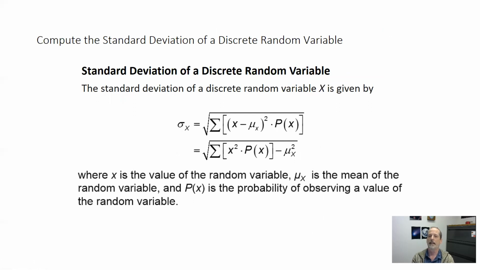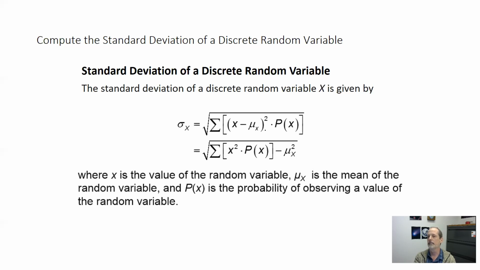Okay, now if I want to calculate the standard deviation of a discrete random variable from its table, I've got two options here, however you want to look at it. I'll take the sum of the individual value minus the mean for that random variable quantity squared, and then multiply it times the probability of that particular random variable.